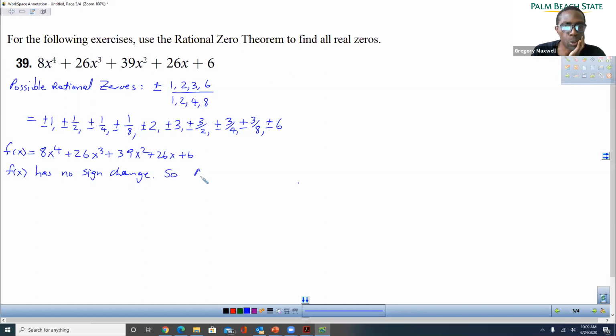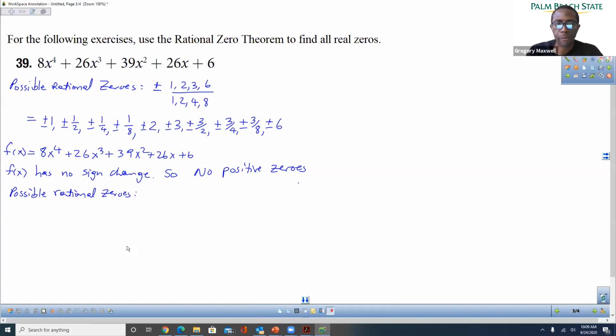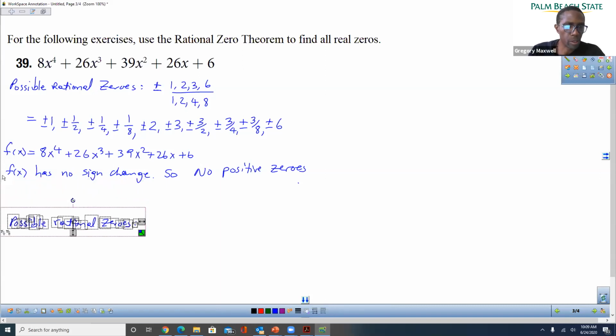So there's no positive zeros. So the possible rational zeros, we don't know about the irrational ones, are, okay, let me just quickly indicate that f of negative x, I need to show that before I go on to the possible rational zeros.